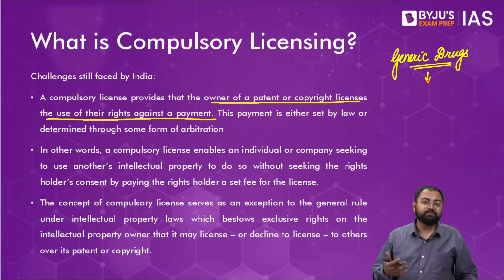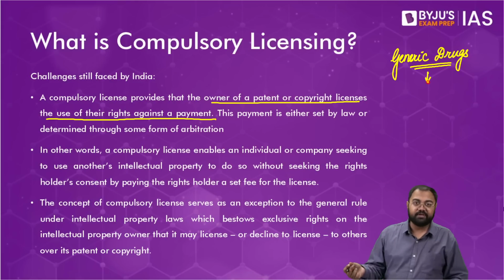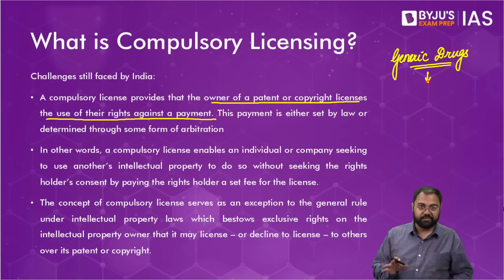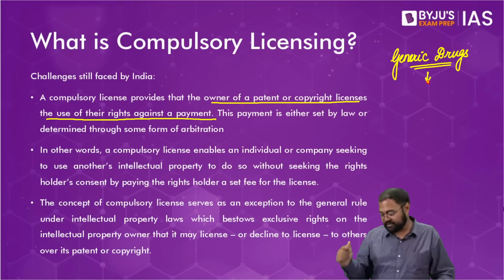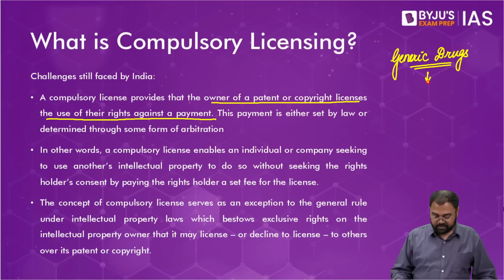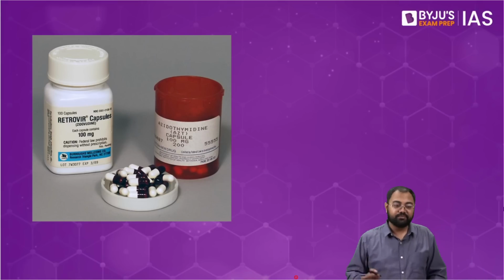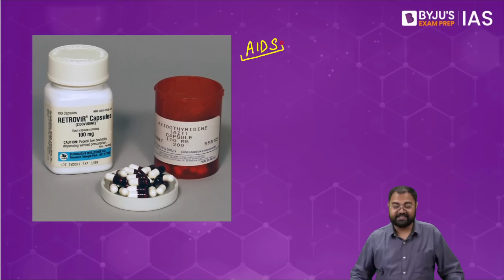Now India has been of the view that a life saving drug should either be cheaply available or freely available. If these life saving drugs have a very high cost, then it becomes a challenge for the entire country to take care of. So that's why the government doesn't want that, and this is something we have seen in the case of AIDS.